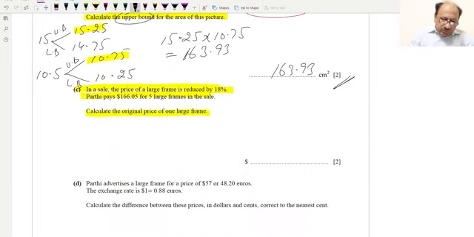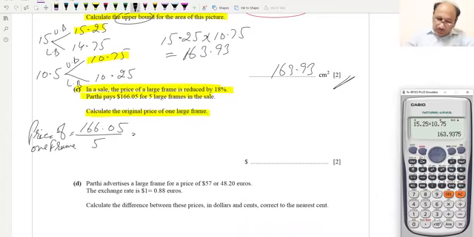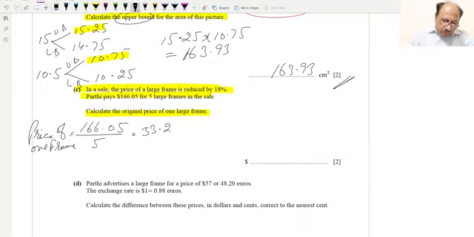So it's a reverse percentage question. 166.05 is for 5 frames, so for 1 frame, the price of 1 frame will be 166.05 divided by 5, which is equal to 33.21. This will be in dollars.